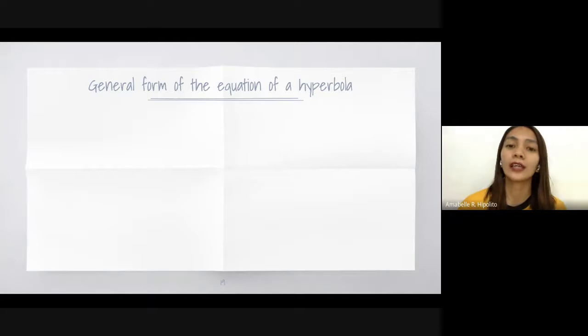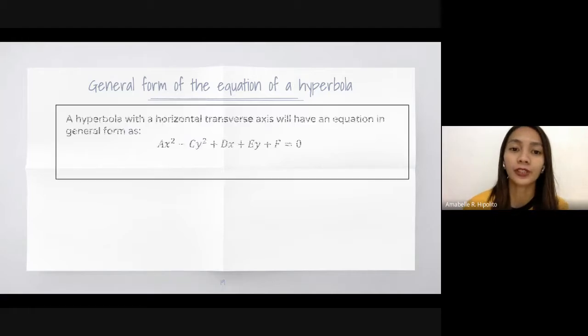So in part 1, I've already discussed the standard form of the equation of a hyperbola with vertical transverse axis and horizontal transverse axis. Now I am going to discuss the general form of the equation of a hyperbola, with a horizontal transverse axis and vertical transverse axis.